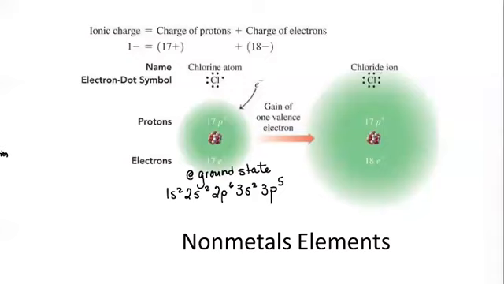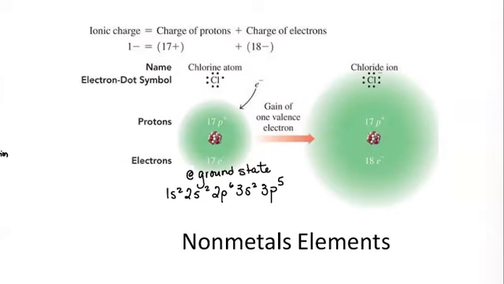Now, it is known that nonmetals can accept electrons. When they are accepting those electrons, it depends on how many they need, right? Because it's not like they need all of these numbers. In the case of chlorine, chlorine only needs one electron to achieve noble gas configuration.